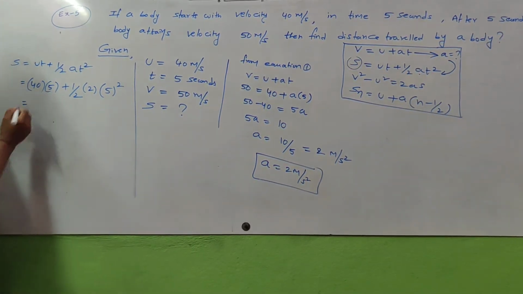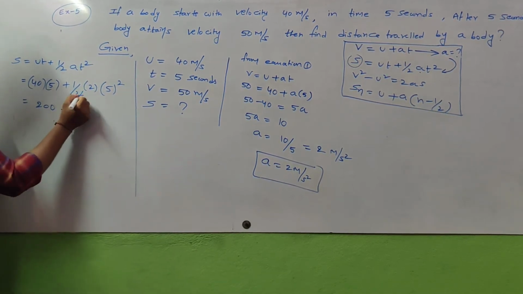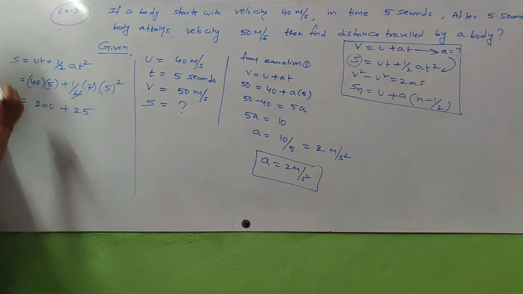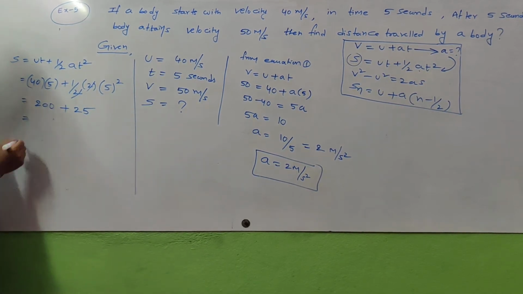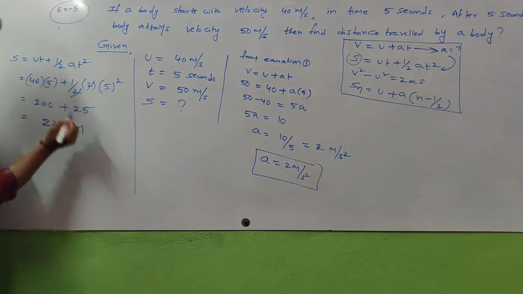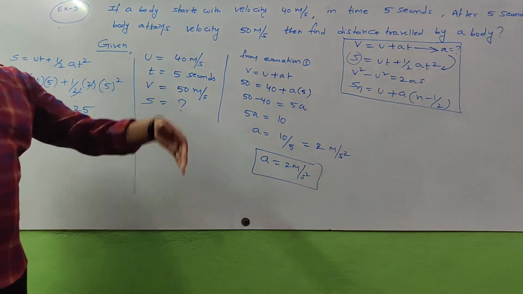Then we get 40 into 5, 200, plus the 2 cancelled with half, 5 square means 25. So 200 plus 25, 225 meters.